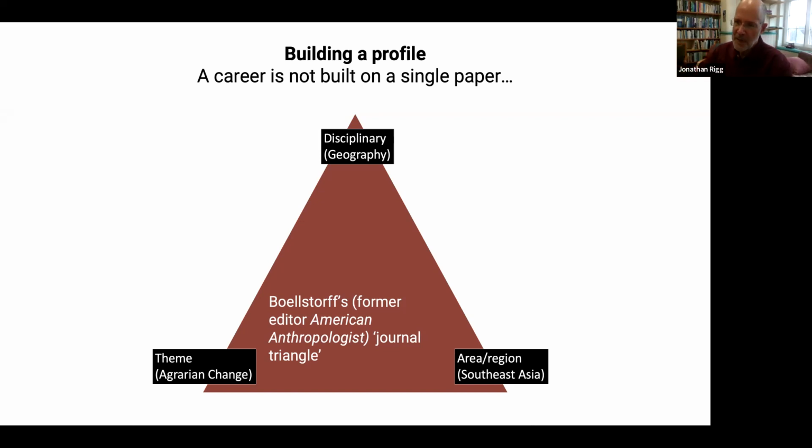And then my themes, I'm interested in agrarian change. So I publish in journals like the Journal of Rural Studies, the Journal of Peasant Studies. And that's my third audience. Often people who read the Journal of Peasant Studies won't be geographers. They won't read my geographical work. They may not be interested in Southeast Asia, so they may not read that, and vice versa.